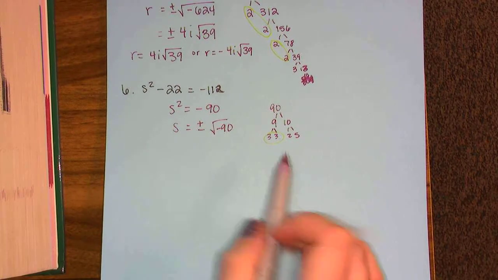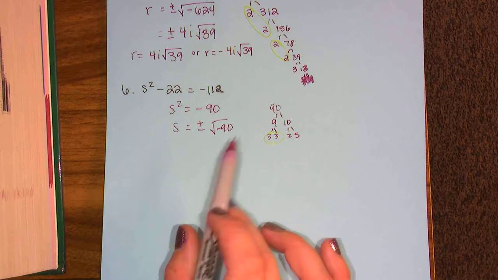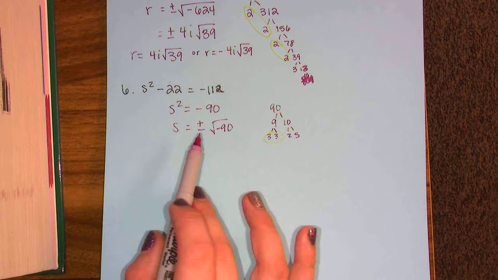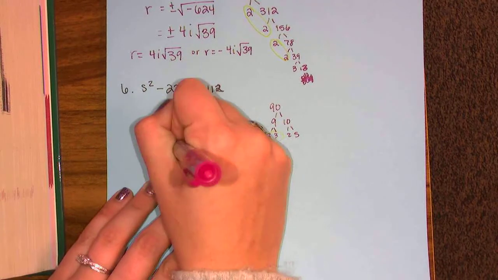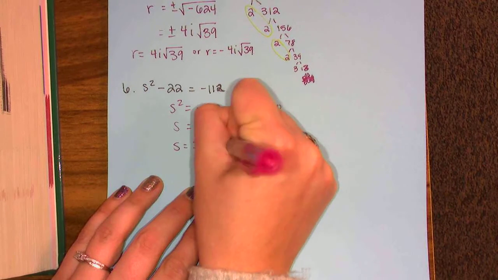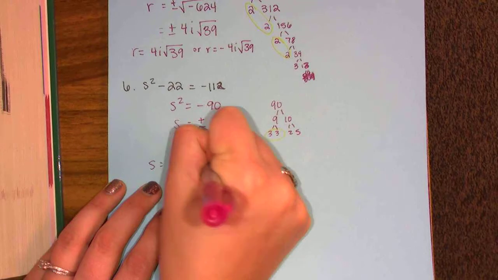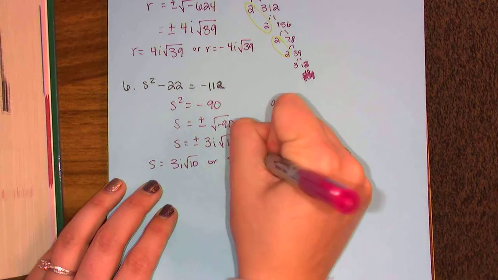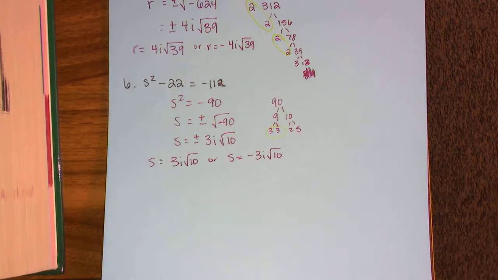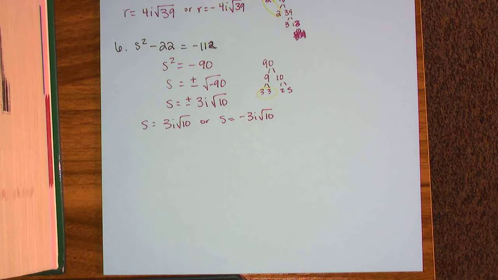Okay, so 3 has a buddy, 2 and 5 don't. So I pull out a 3. I heard somebody say pull out an I, or maybe a couple people. So S is equal to plus or minus 3i square root of 10. So then S is equal to 3i square root of 10, or S is equal to negative 3i square root of 10.